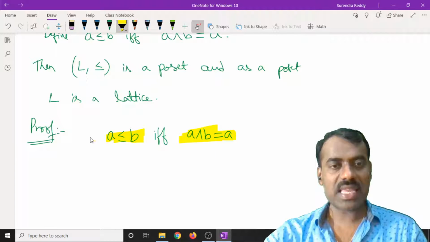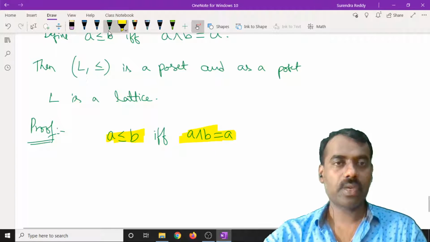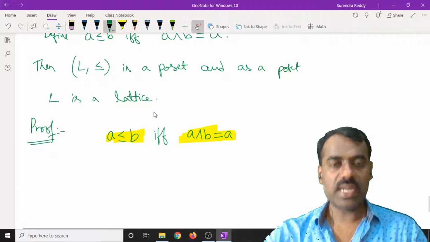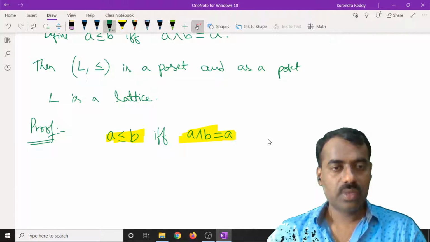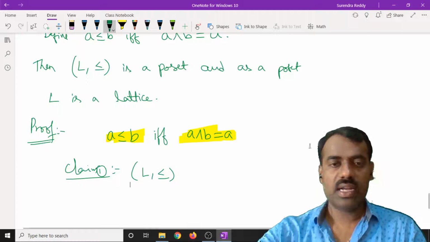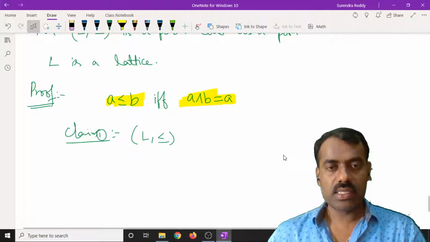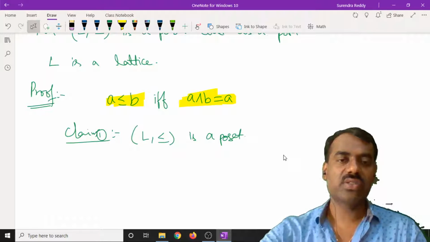A meet B is A, then A is less than or equal to B. Okay, fine. So how will we prove that? Our first claim, claim one: you try to show it. If you are not getting it, I will discuss it in the next class. So you show this is a poset, so that it satisfies those three conditions.